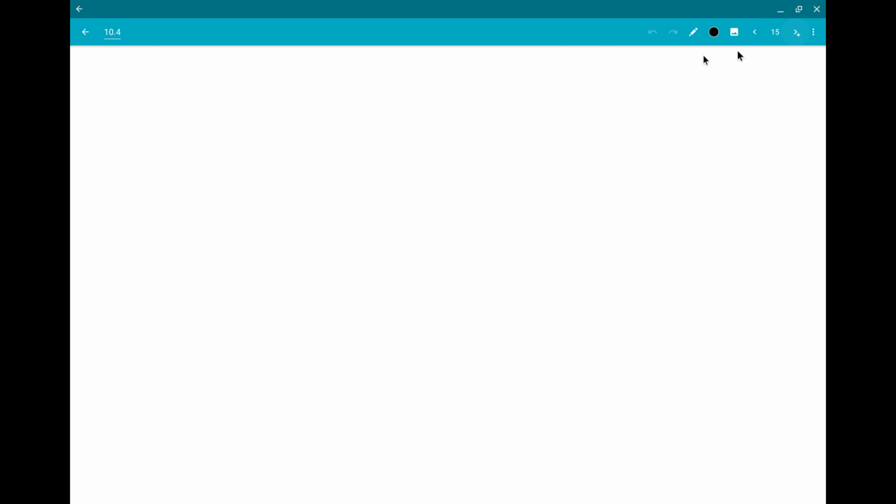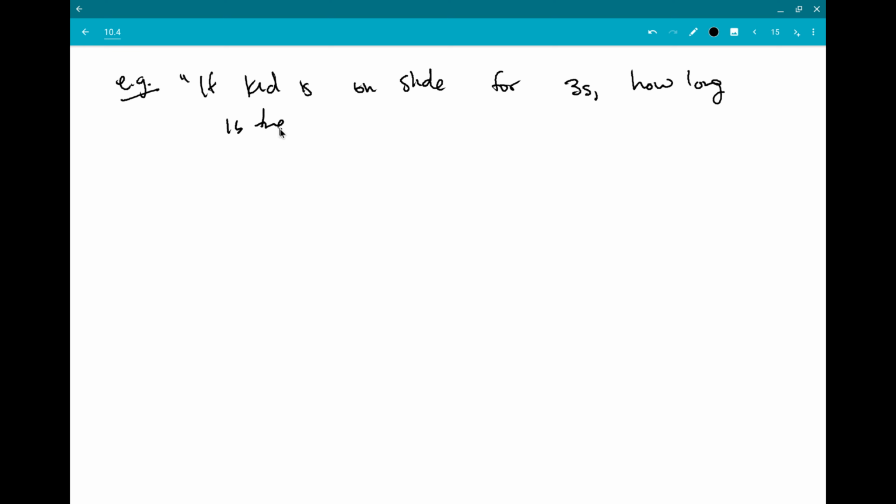For arc length, you could do, if kid is on slide for 3 seconds, how long is the slide? Physically long. And then length, that should get you thinking this is an arc length problem.